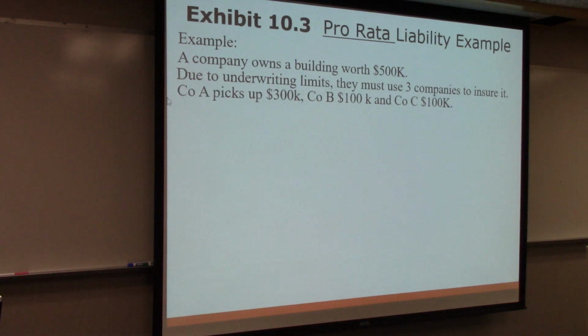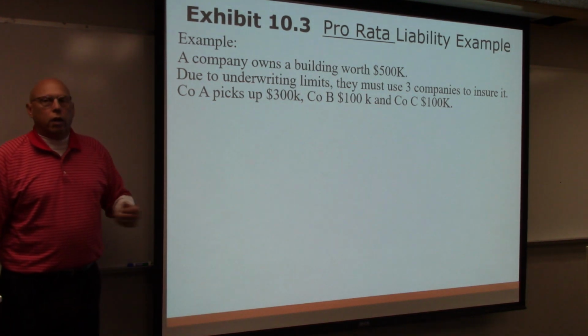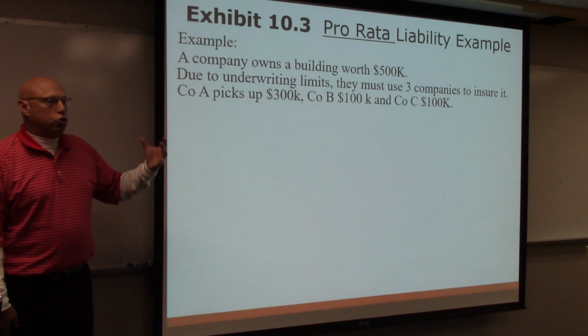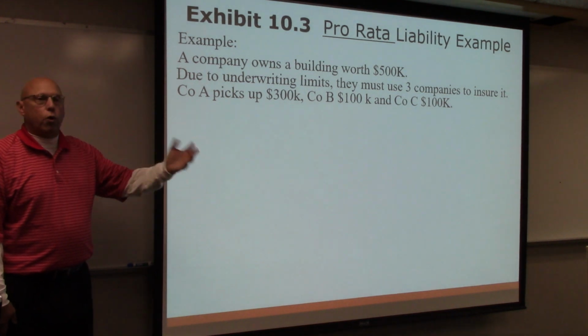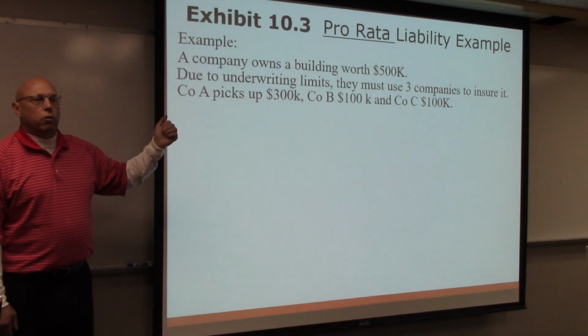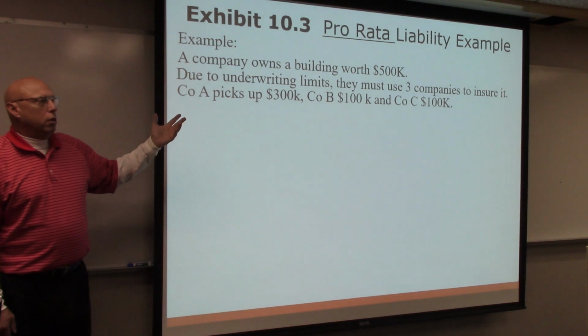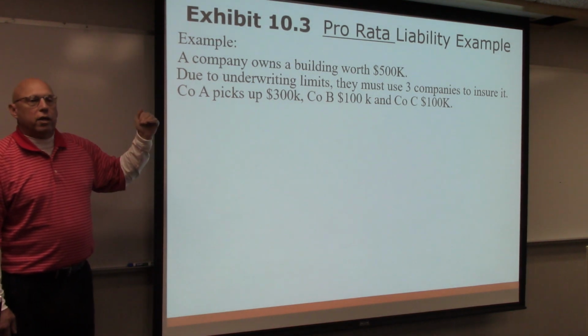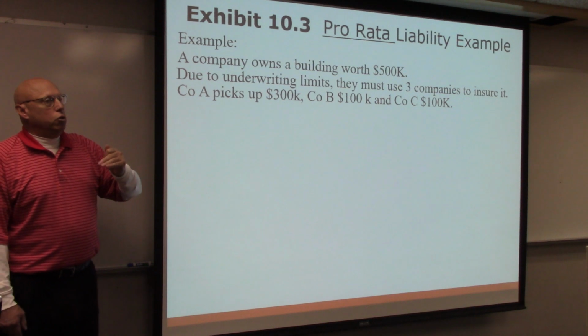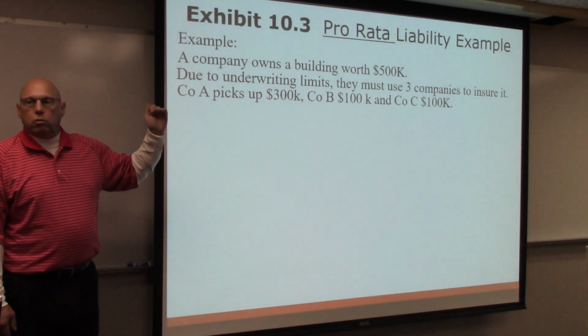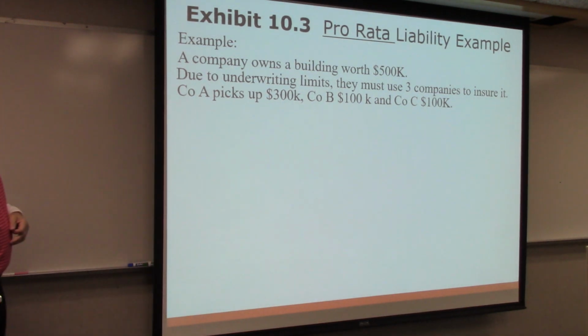Okay, Company A says we'll insure $300,000, Company B $100,000, and Company C $100,000. And the way it is structured is pro rata. And you remember when we had the risk manager come in, he talked about a different way to allocate the loss, the potential loss.